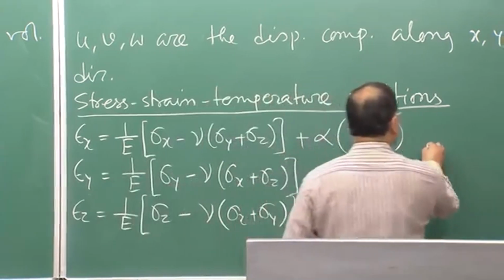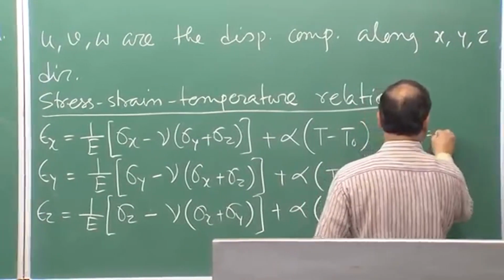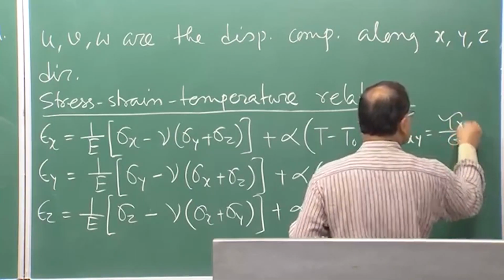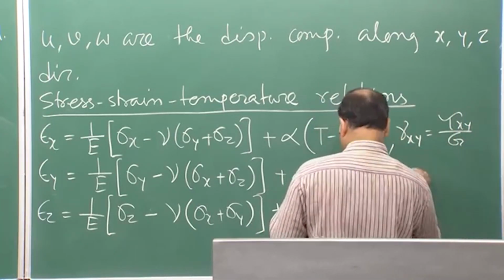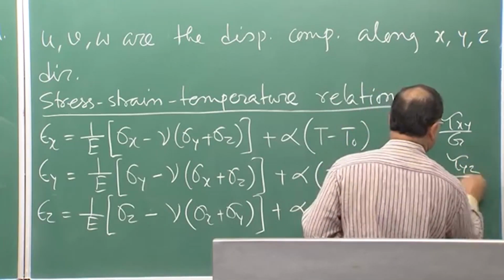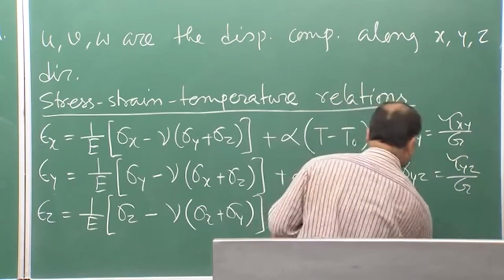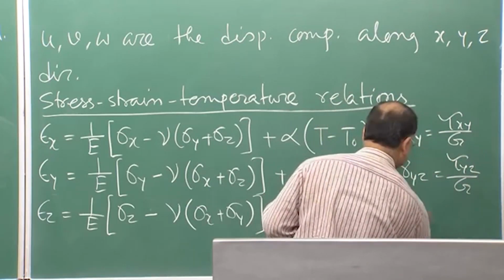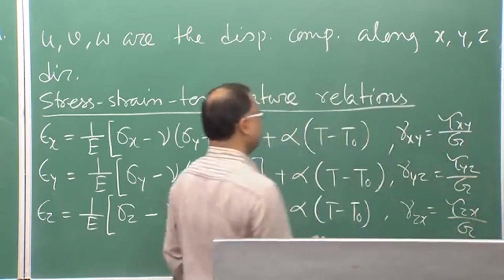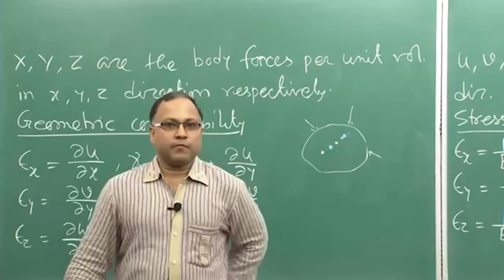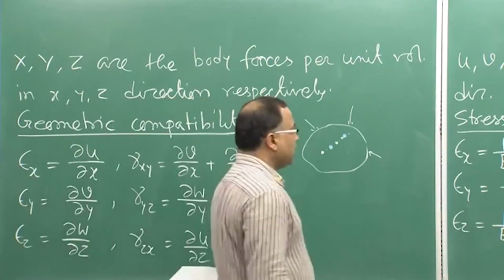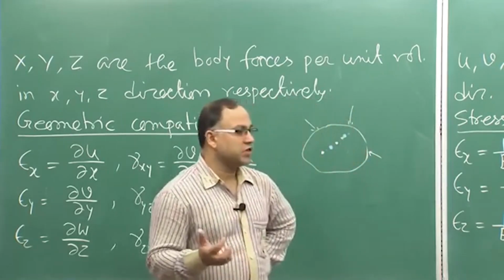And gamma xy can be written as tau xy by G, where G is the shear modulus, gamma yz can be written as tau yz by G, and gamma zx is equal to tau zx by G. So, these six equations are the stress strain temperature relations.